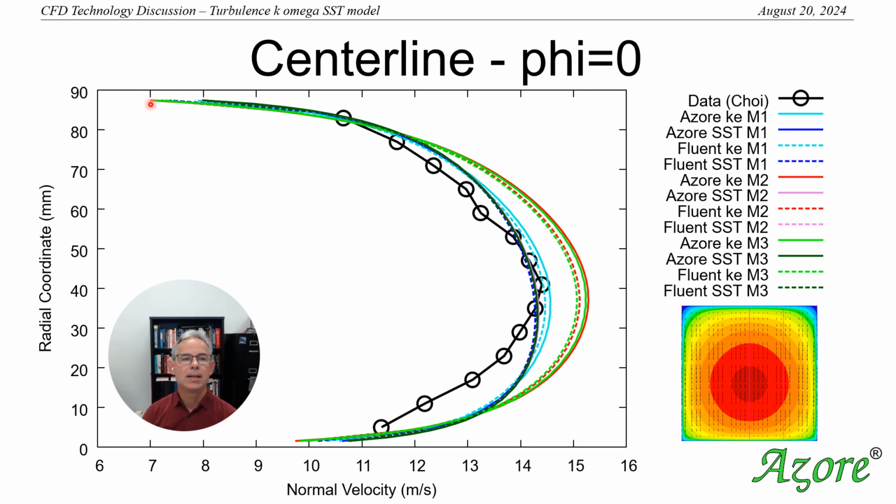What we have here is the x-axis is the normal velocity at each one of the planes. You can see here, these black ones are the experimental data. You can see right here on the inside of the duct, the velocity is a little over 11 meters per second.